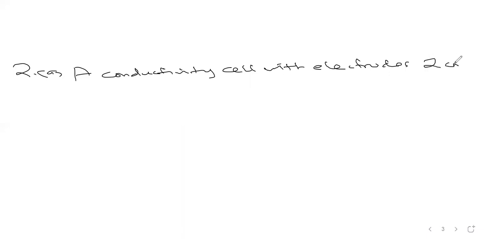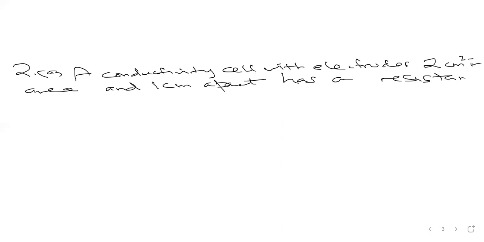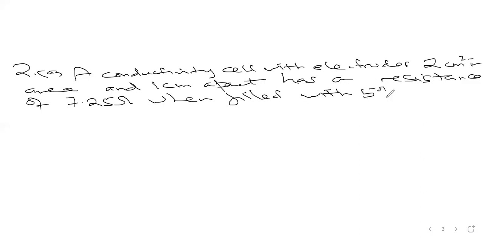It says a conductivity cell with electrodes two centimeters squared in area and 1 centimeter apart has a resistance of 7.25 ohms when filled with a 5% potassium chloride solution.